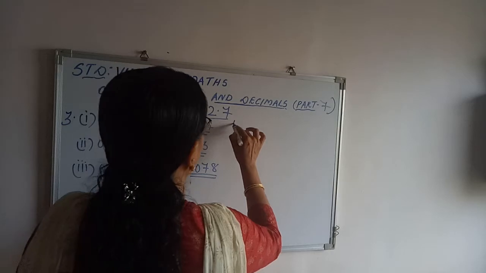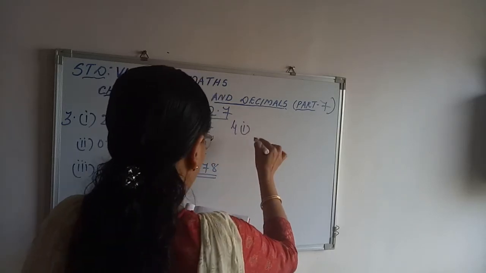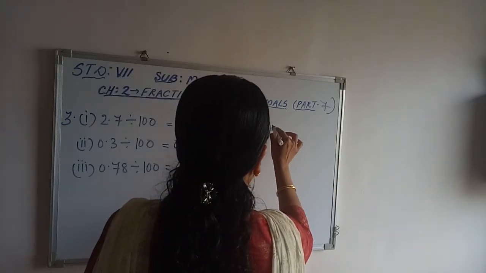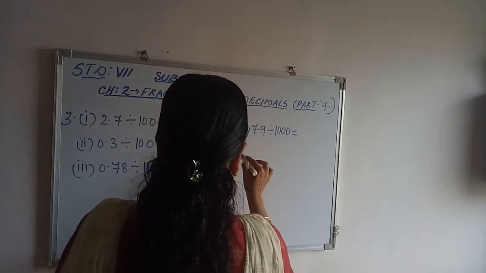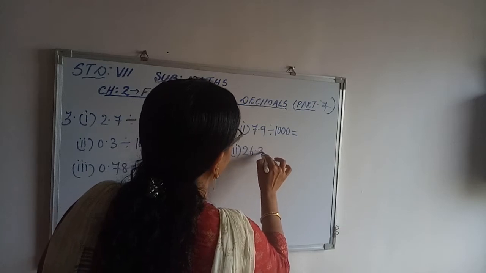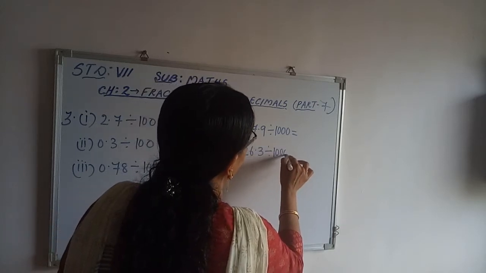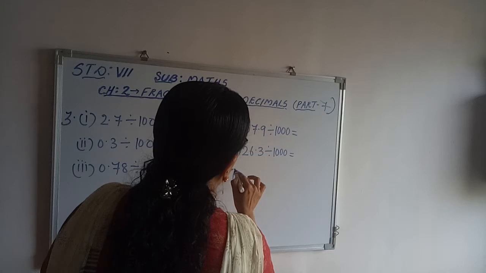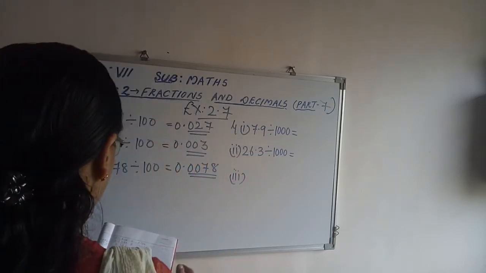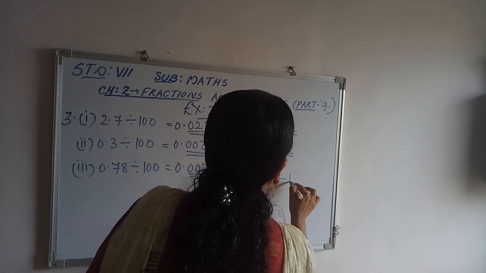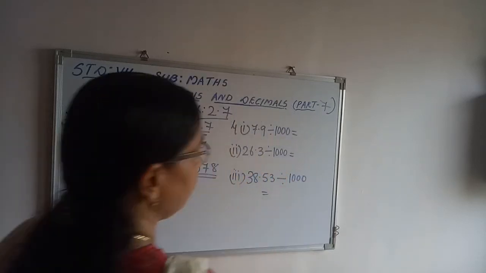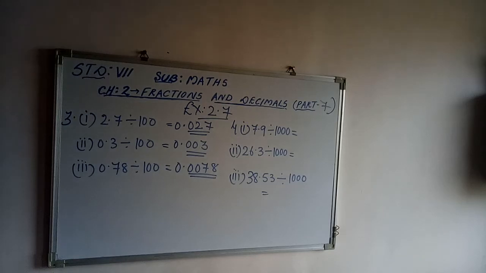Then fourth one, that is first division by 1000. 7.9 divided by 1000. Then second question, 26.3 divided by 1000. Then 38.53 divided by 1000. 1000 means shifting the decimal point towards the left by 3 places.